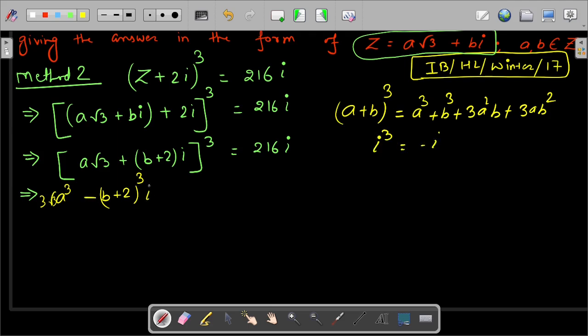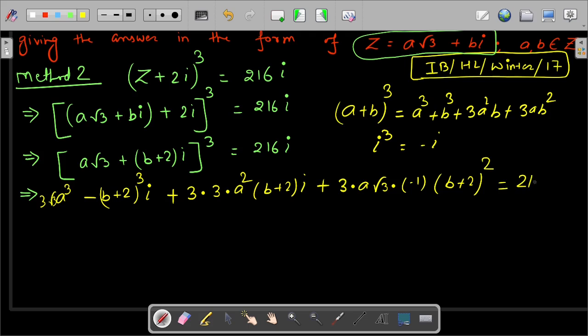So directly I am putting a cube + b cube + 3a square b, that is 3(a√3) square times (b + 2)i, plus 3ab square, that is 3a√3 and b square. When you do the square of the second term, you will get i square, and i square is equal to -1, and this is (b + 2) whole square, and this should be equal to 216i.